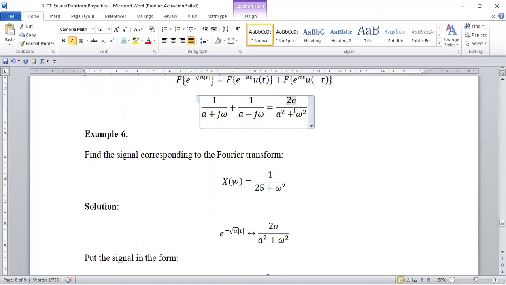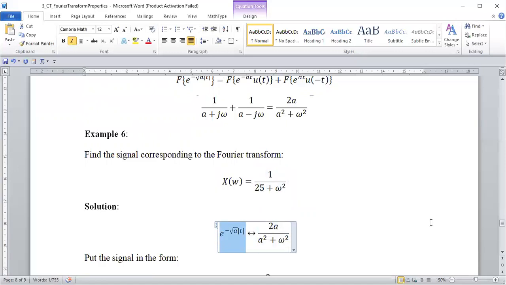And this particular result that we got here is kind of similar to the question. So we're going to do the inverse Fourier transform, but using what we got here. So we know that a signal of this form has this Fourier transform. What we are going to do now is to represent our question in this form. Then from there, we'll work backwards.